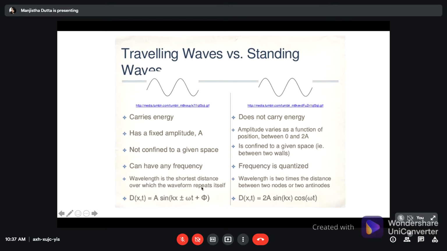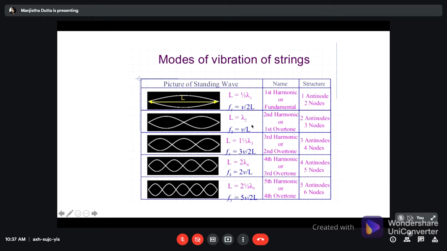The traveling wave can have any frequency, from 0, 1, 1.2, 1.5, any frequency, but the frequency here is quantized. Why is this quantized? As you can see, the first frequency it can get is v by 2L, then v by L, and 3v by 2L. Any intermediate value of frequency this stationary wave cannot have.